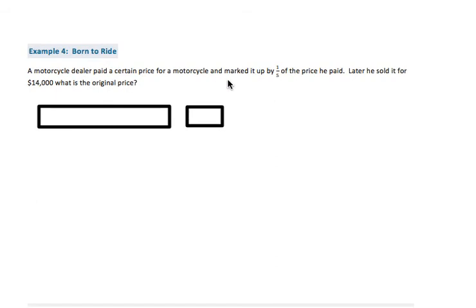Looking at the situation again, the motorcycle dealer paid a certain price for the motorcycle. That certain price is what we don't know. But we do know that he then marked it up by 1/5 of the price that he had originally paid. So I have one piece of the tape diagram representing the whole of what he paid, and then a smaller piece representing 1/5 of the price that he paid.